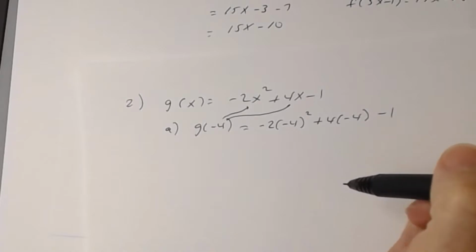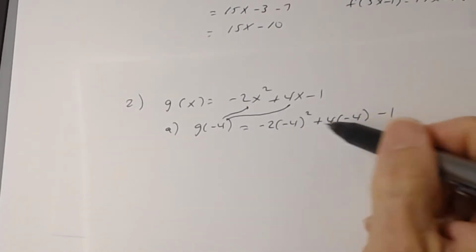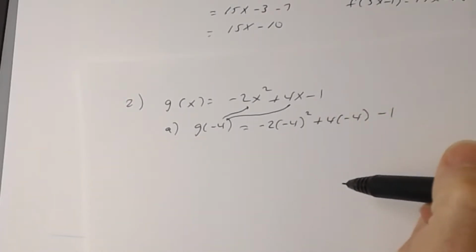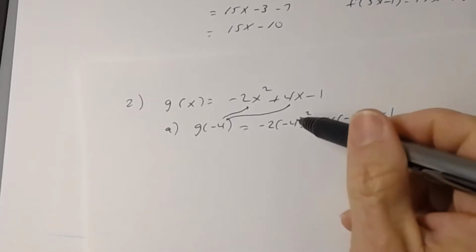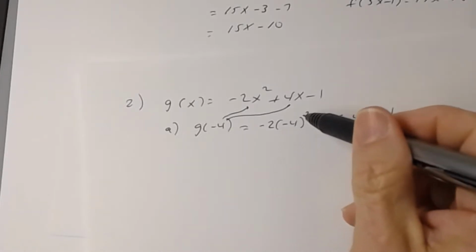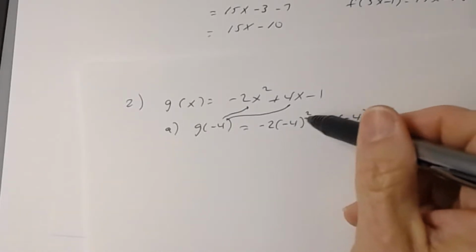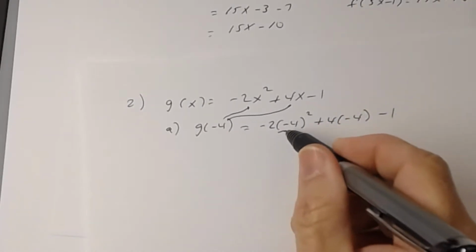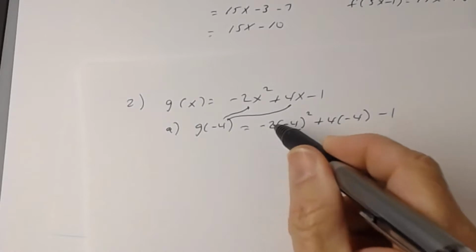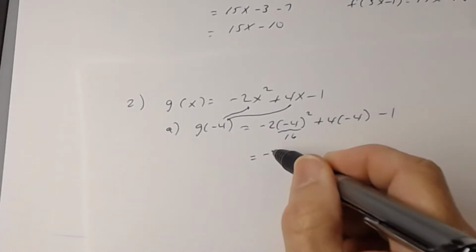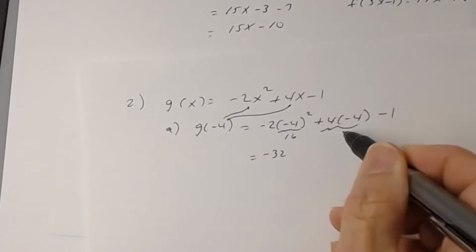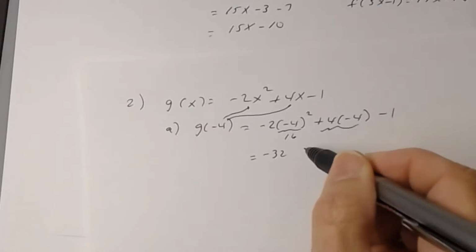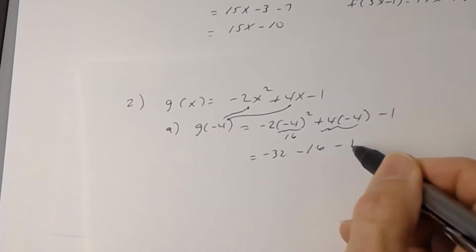Now it's just a matter of using the order of operations. What would you do first? The exponent. So what's negative 4 squared? 16. But what's 16 times a negative 2? Negative 32. And what does the rest become? Negative 16 and then minus 1.